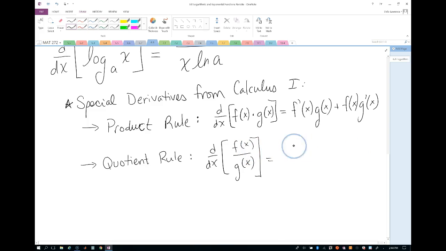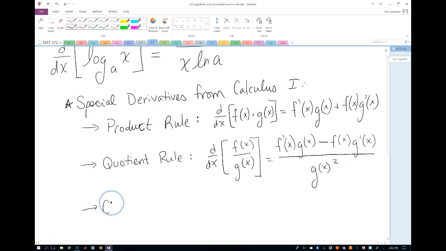In the numerator, we have an expression that looks very similar to the product rule, where we start with the derivative of the top and multiply it by the original of the bottom. One big difference, though, is we have subtraction between our two terms in the numerator. And then we flip-flop those derivatives just like we did in product rule. So two main differences. It's subtraction between those two terms, and then it's also all divided by g of x squared.